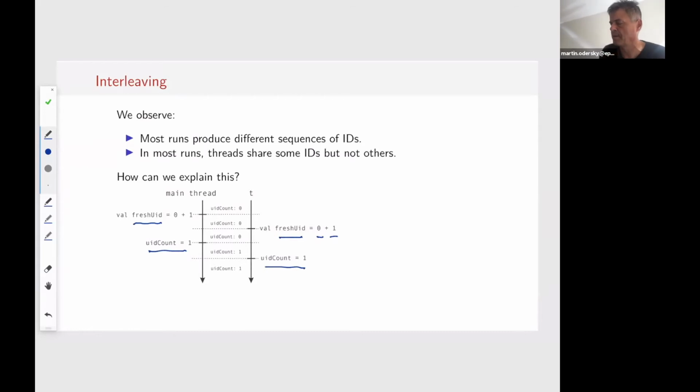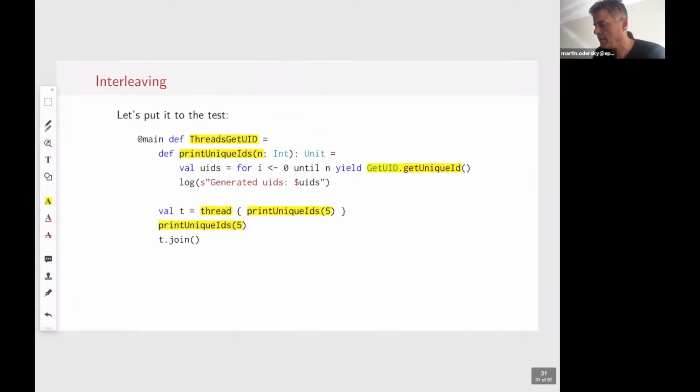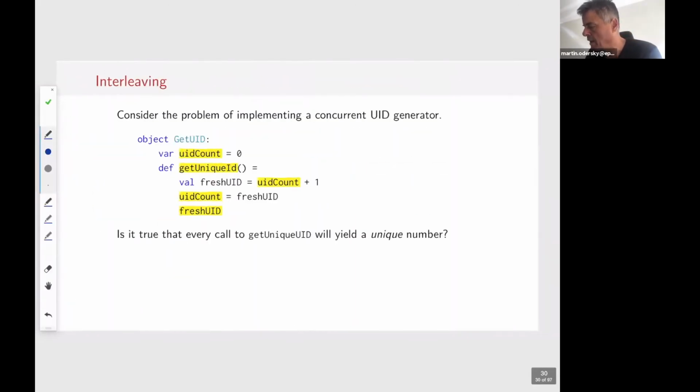So what happened was that in this getUID, each of these executed this statement here, in the same state, and then went on to do the rest.